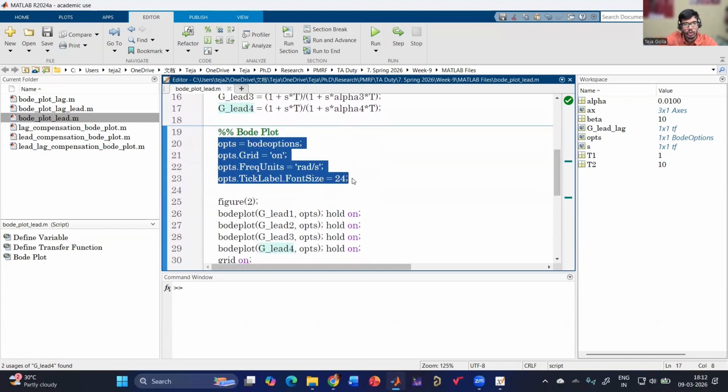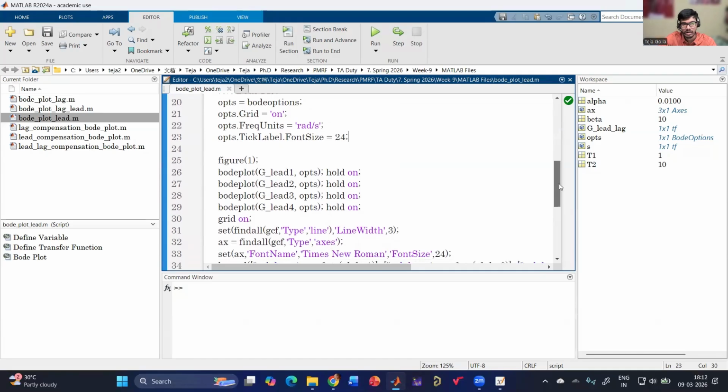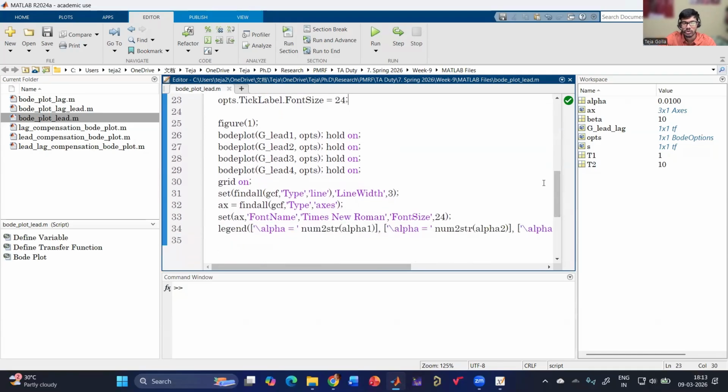Now, this is the Bode plot code that we have already discussed in the earlier week, so it is the same code. This is figure 1. I am plotting the Bode plots all in the same plot to see how the Bode plot varies with different alpha, where it is causing the change, and how it is going to get affected.